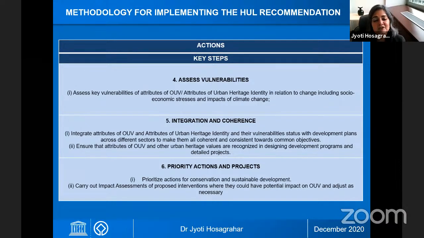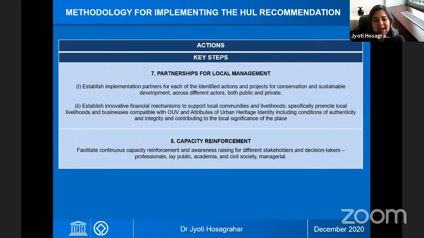The prioritization of actions and projects, identification of partnerships for local management, and capacity reinforcement.